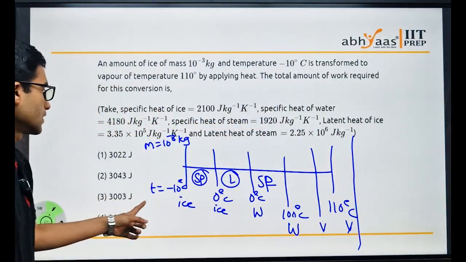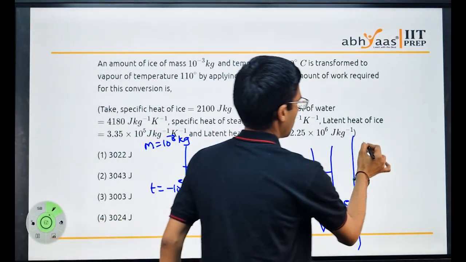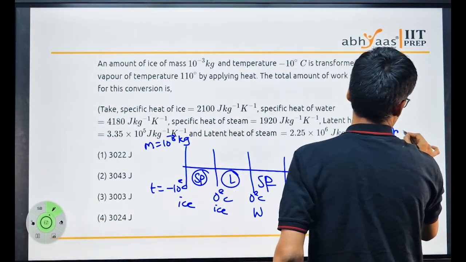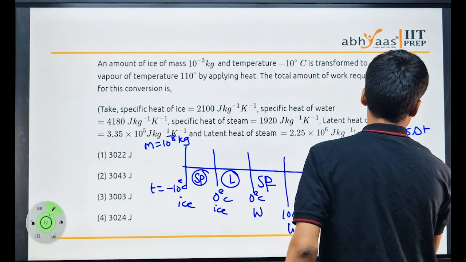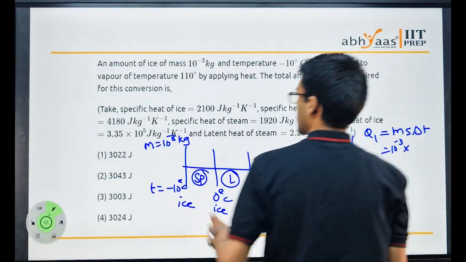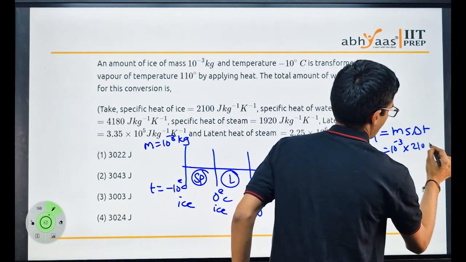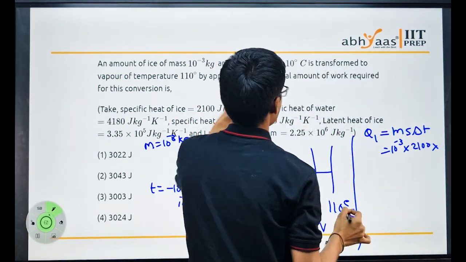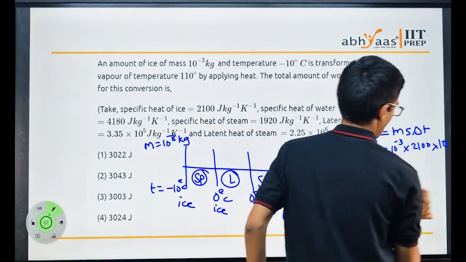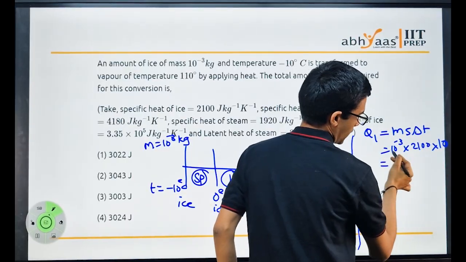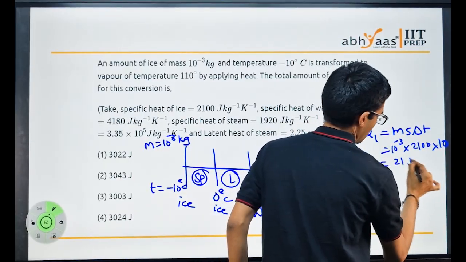First phase is specific heat: Q1, or work done, is equal to m s delta T. So 10 power minus 3 into the specific heat of ice, 2100, into the temperature, 10 degrees. So 10 power minus 3 cancels, and you get 21 joules.